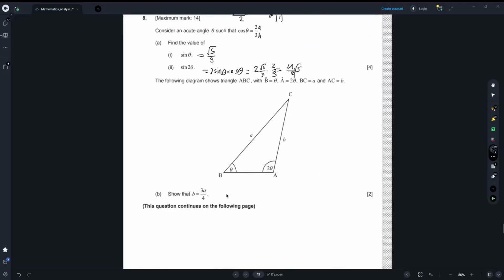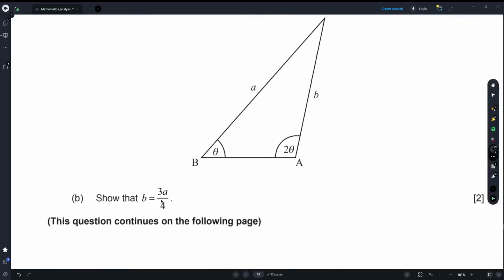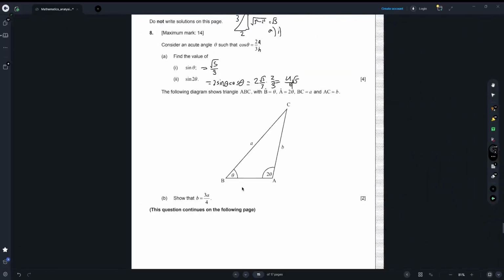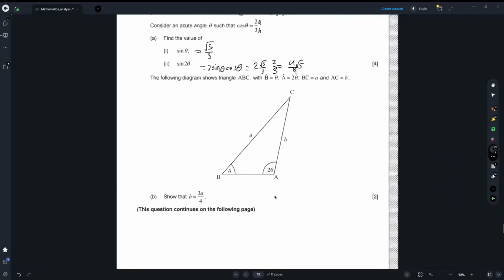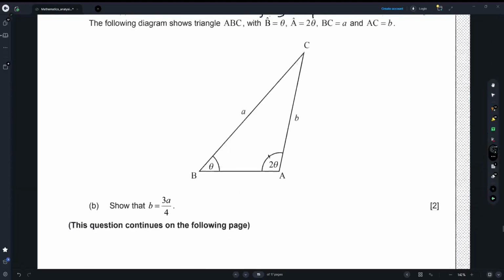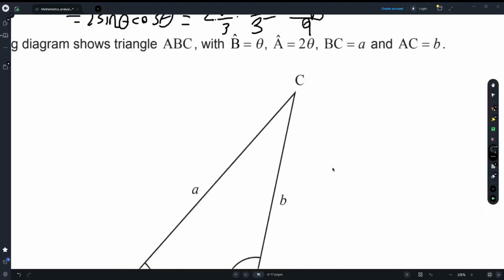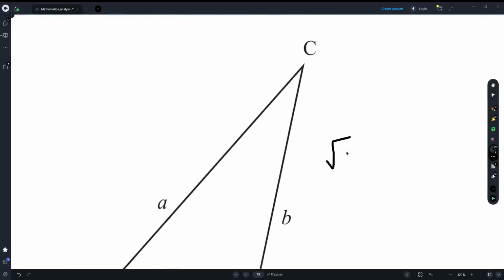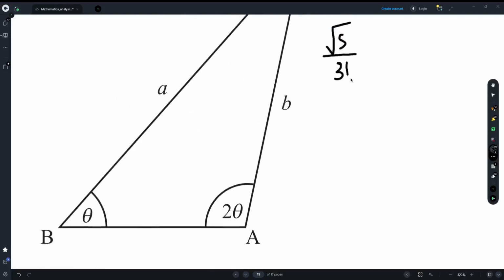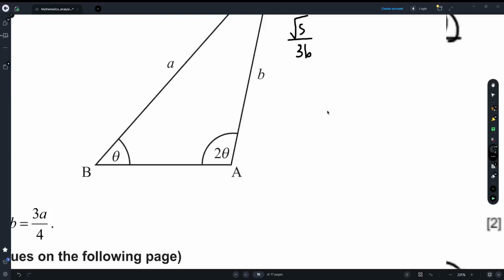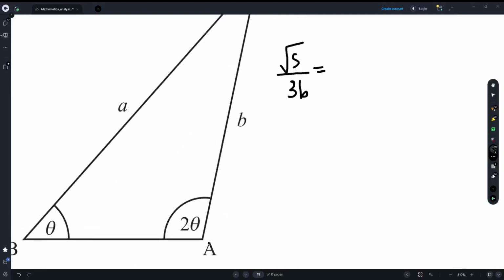And we have here showed that b equals 3a over 4. Now we know the values of sine theta and sine 2 theta, and by using the sine rule we can say that sine theta over b is the same as sine 2 theta over a. So root 5 over 3b is the same as 4 root 5 over 9a.